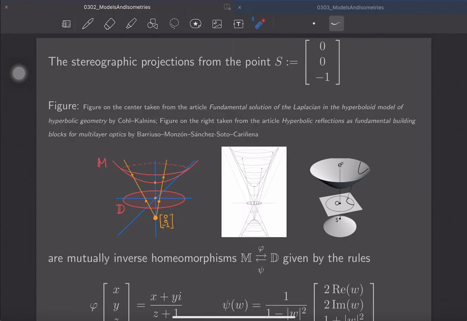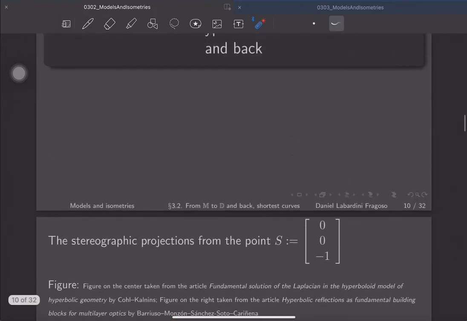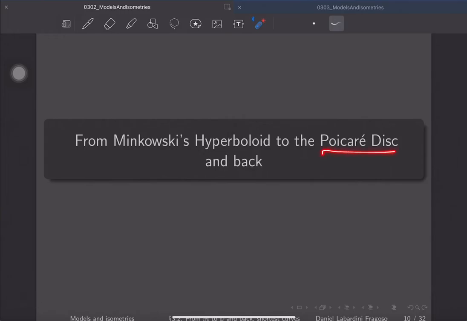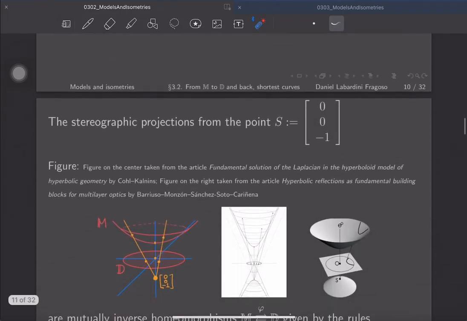But I don't quite know how to do this directly in the hyperboloid. I need the help of the Poincare disk. And this is also going to illustrate something that happens fairly often, which is you use the model for which it is easiest to do things, and then you map to the other models. That's why I go to the Poincare disk, and I'm going to come back.